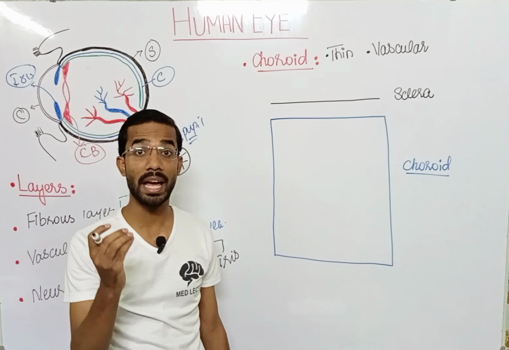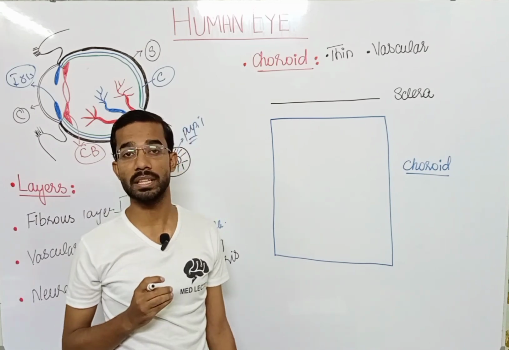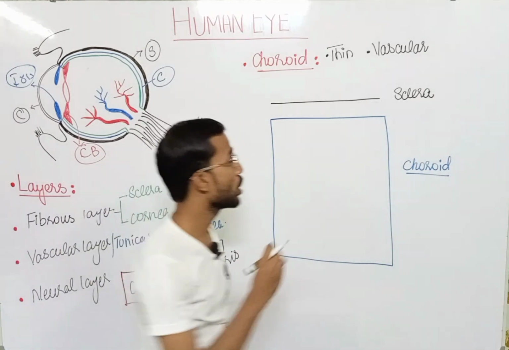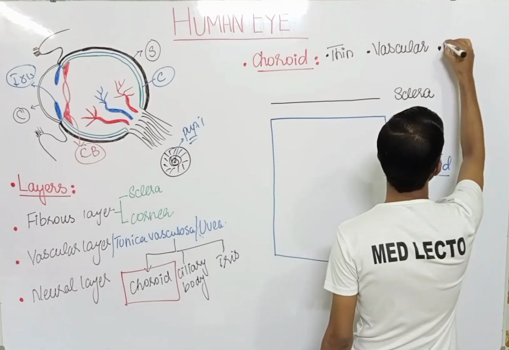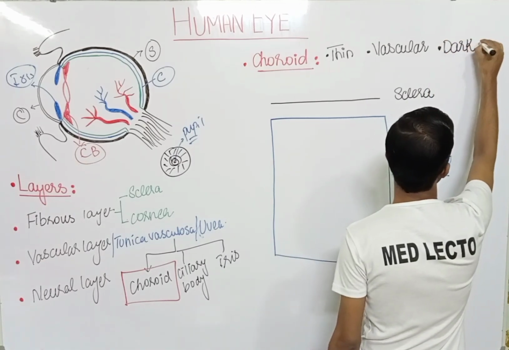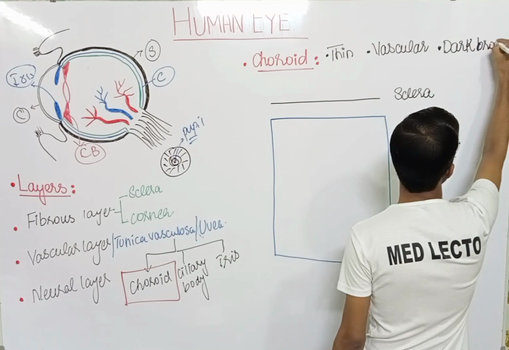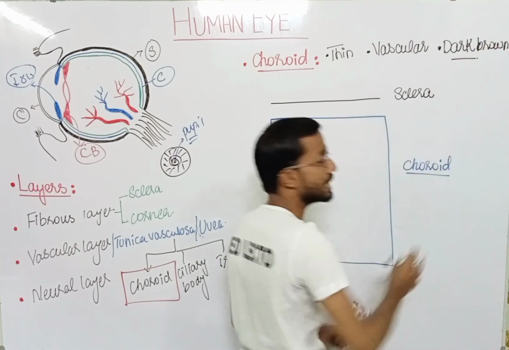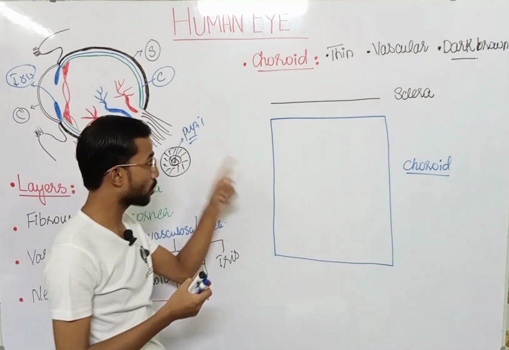This is due to the presence of pigment-producing cells, the melanocytes, in the choroid.